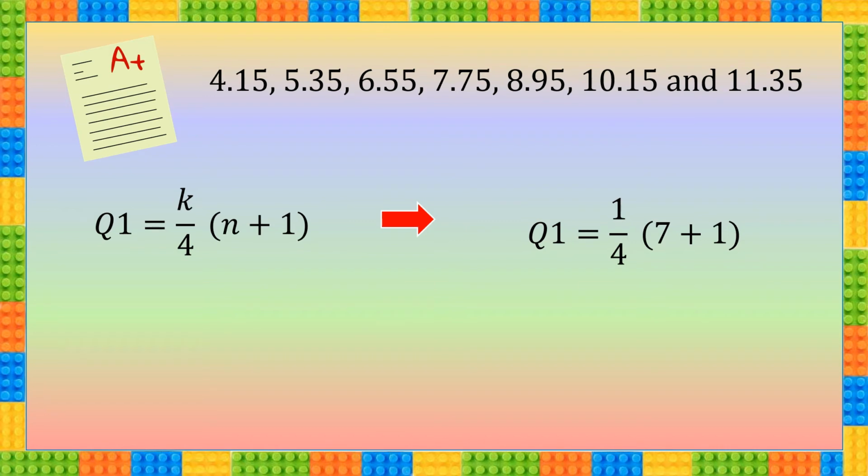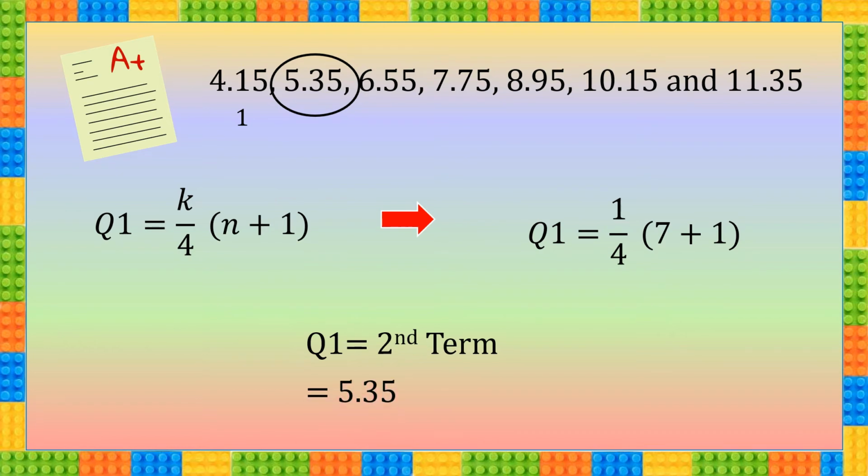There are 7 data in the dataset, so n is equal to 7. We will now solve the equation. The answer is 2, and it means that the first quartile is the data in the second position. We will count 2 from left to right. 1, 2. So, 5.35 is our first quartile.